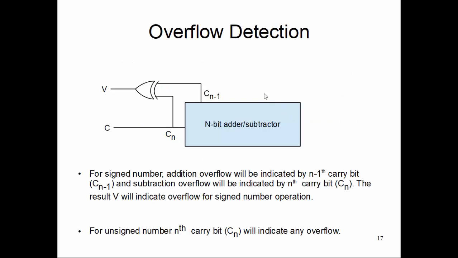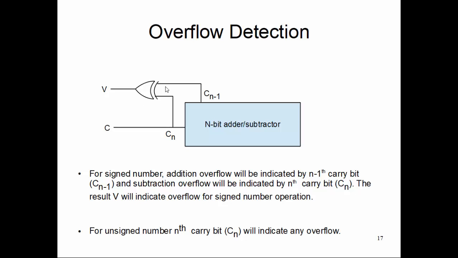And in that case, our overflow detection circuit is very simple. It is an XOR between the MSB stage carry out of the ripple carry addition circuit and the MSB minus 1, the last but one stage carry out bit.